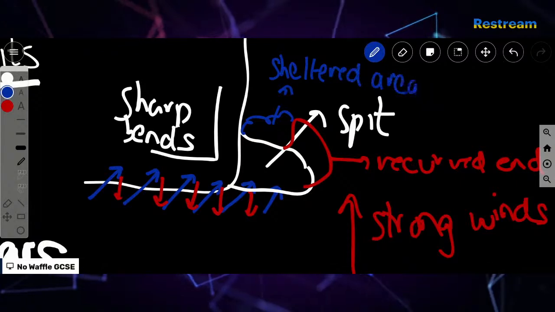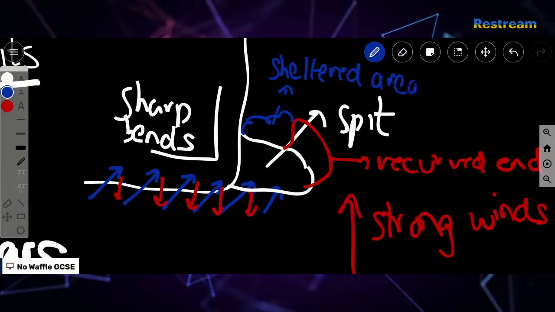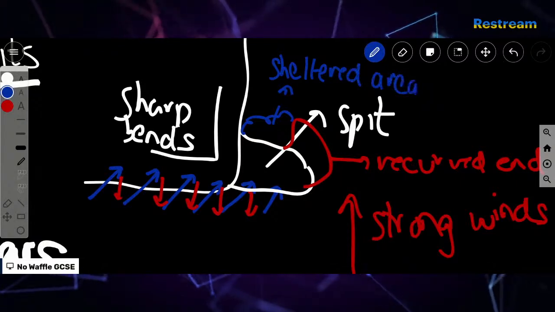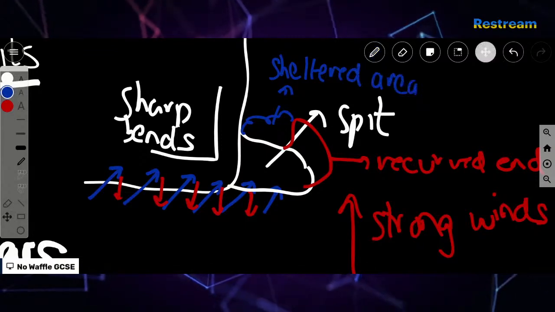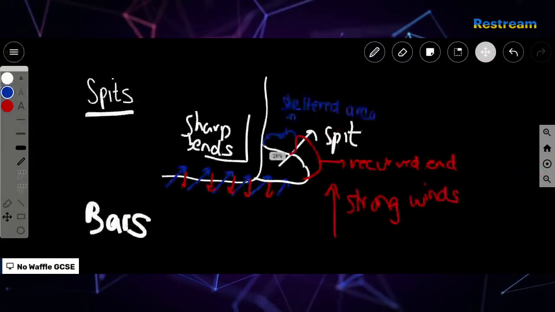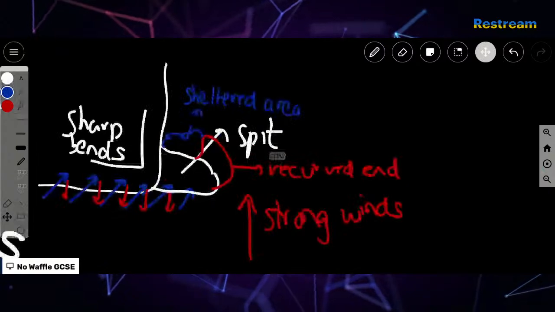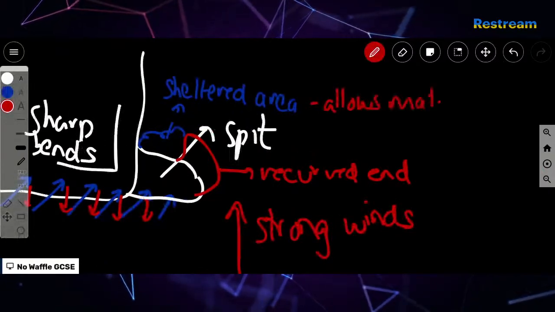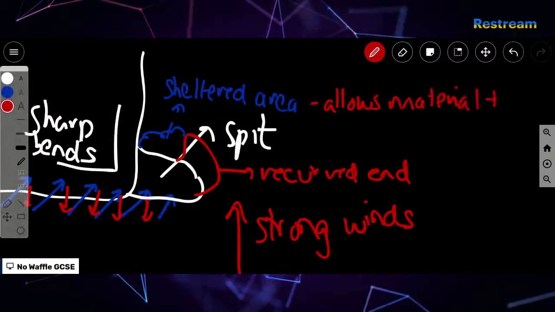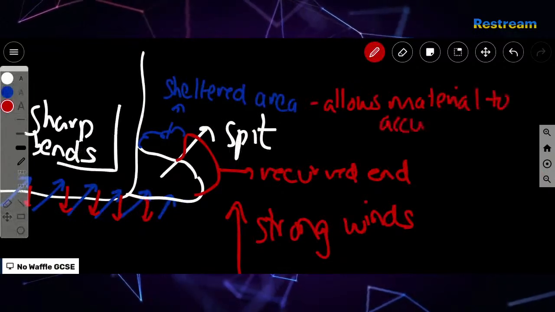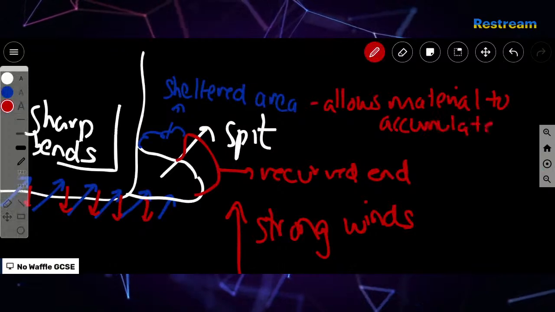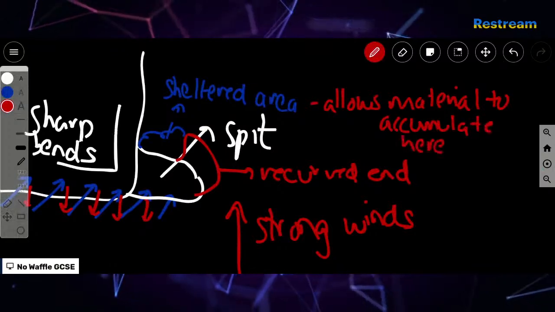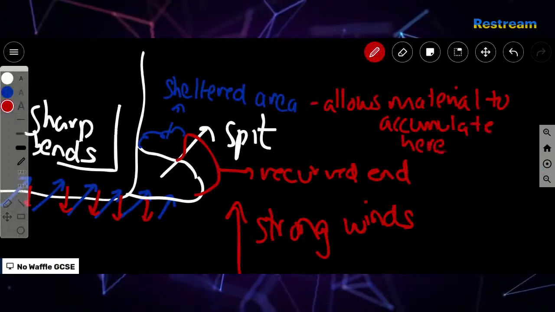This sheltered area then allows material to accumulate here because the erosion isn't affecting this part of it.